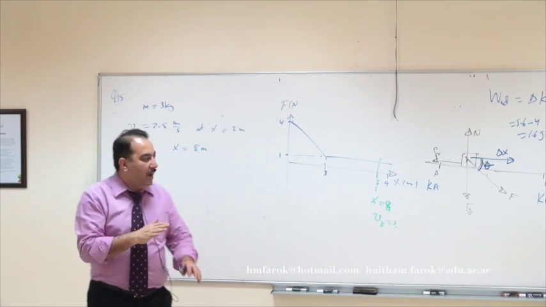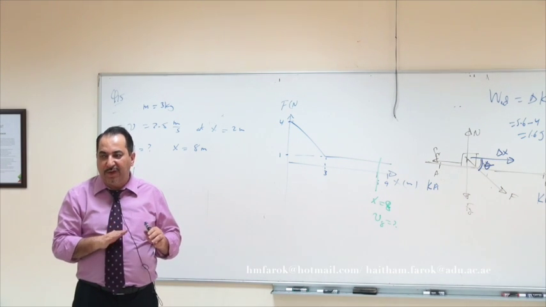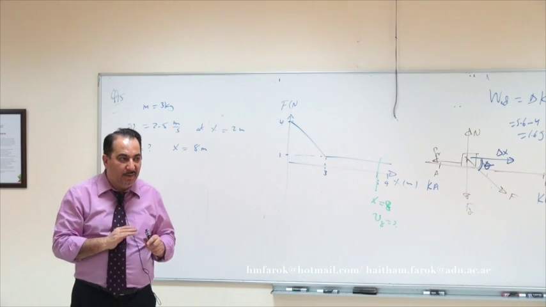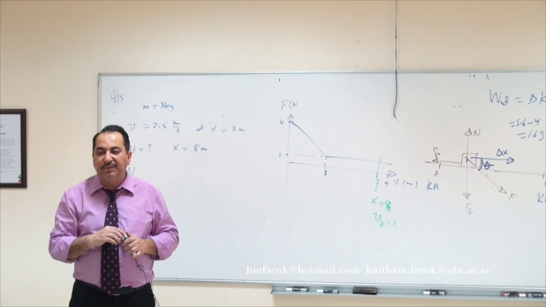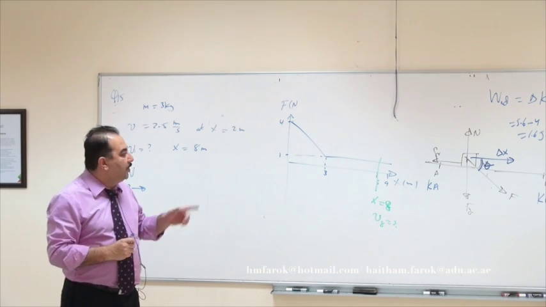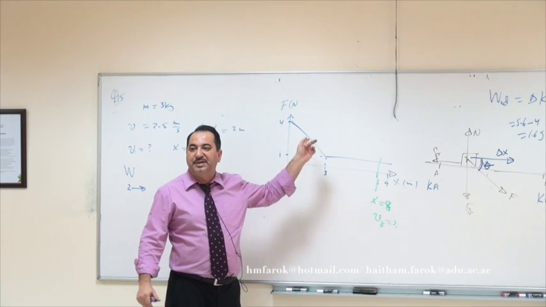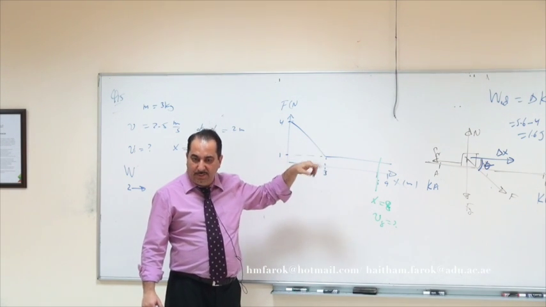Now, if I have a graph of F with position, the only thing I can do first is to find the area under, and the area of the graph gives you W, work. How many forces do I have here? One force. So this is F net. Single force.